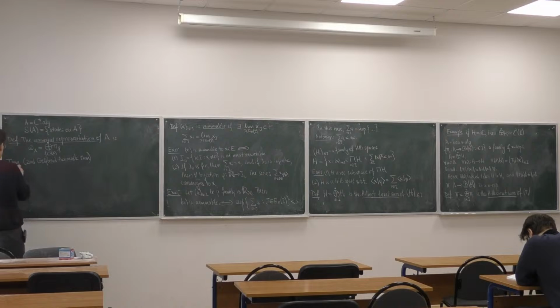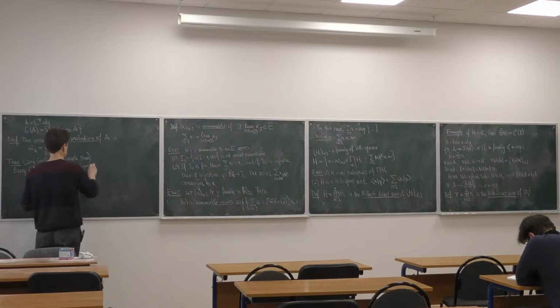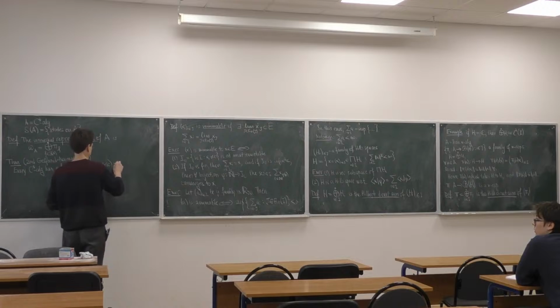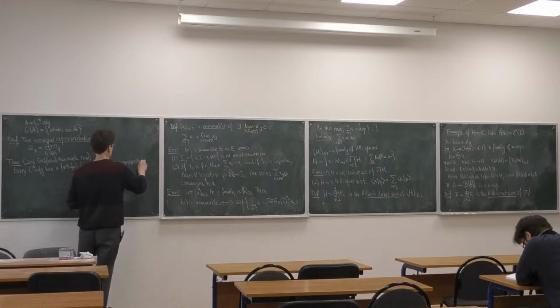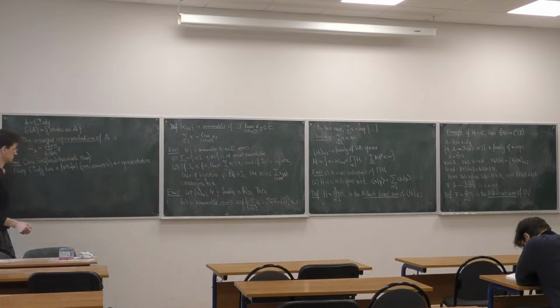It states that every C-star algebra has a faithful, or equivalently isometric, star representation. Let's recall that every injective star homomorphism between C-star algebras is automatically isometric.